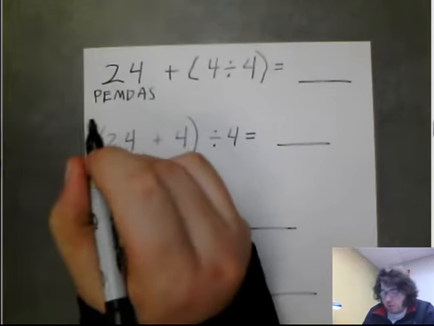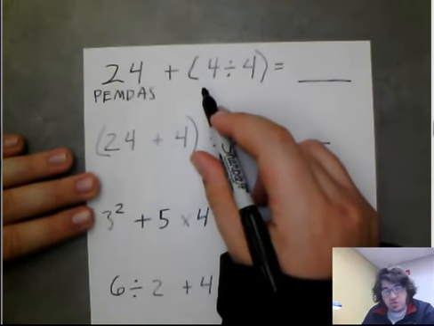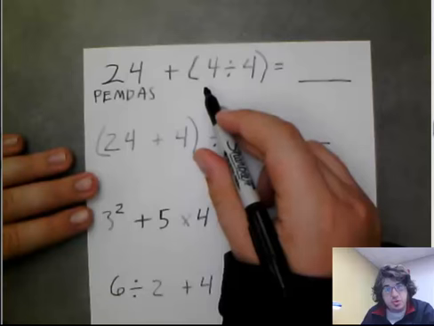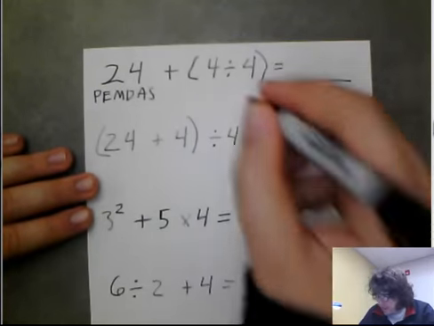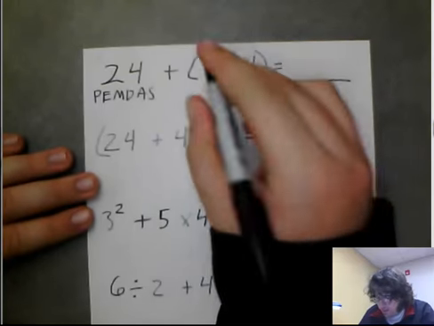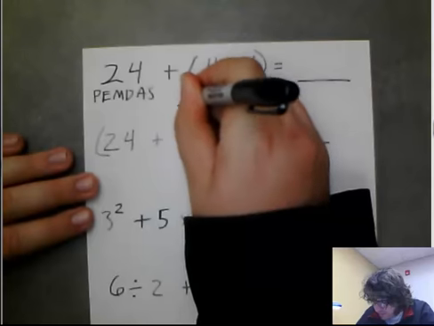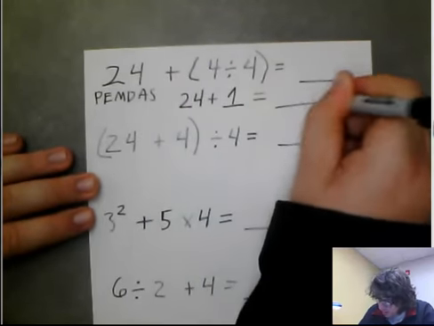Okay, so I need to do parentheses first. Well, I have some parentheses. So I need to do everything within those parentheses first. So I have 4 divided by 4. Okay, I need to do that. 4 divided by 4 gives me 1. Now I'm going to bring down everything else I have left. So it's 24 plus 1 equals what?